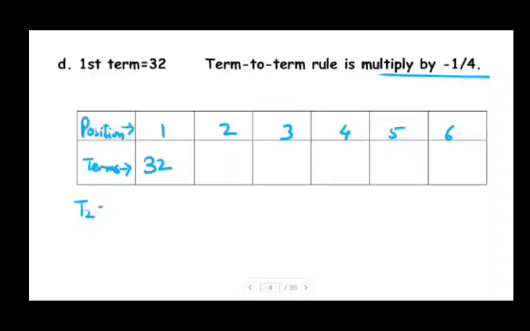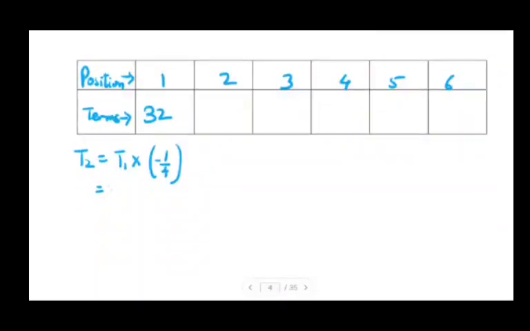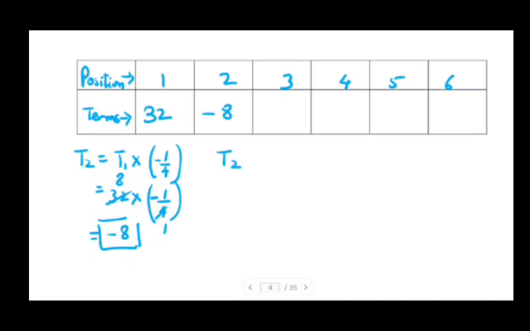So our term 2 is equal to term 1 into minus 1 upon 4, where term 1 is how much? 32 into minus 1 upon 4. 4 1s are 4, 4 8s are 32, which is equal to 8 into minus 1 is minus 8, children. The minus sign is applied. Term 3 is equal to term 2 into minus 1 upon 4.